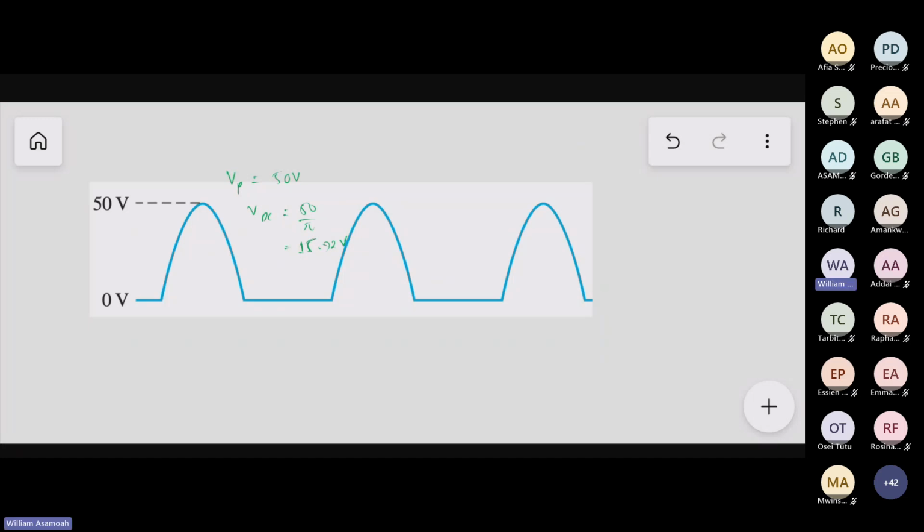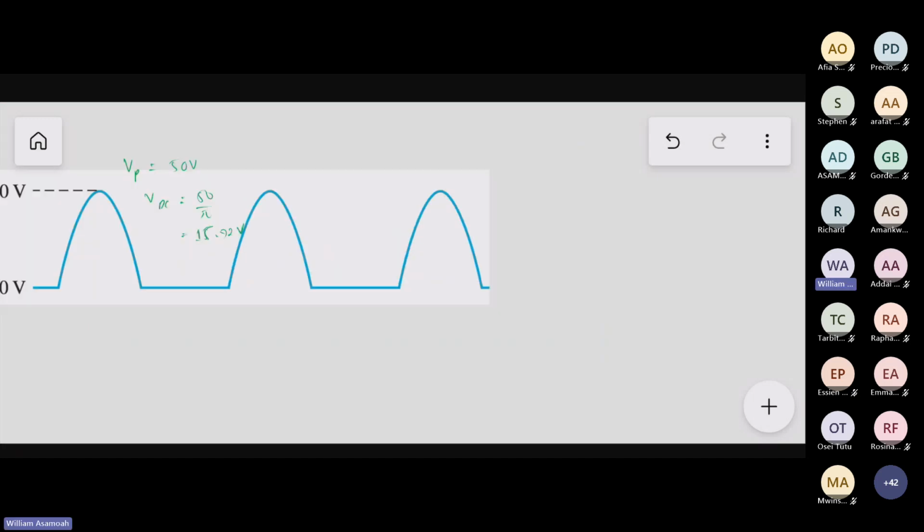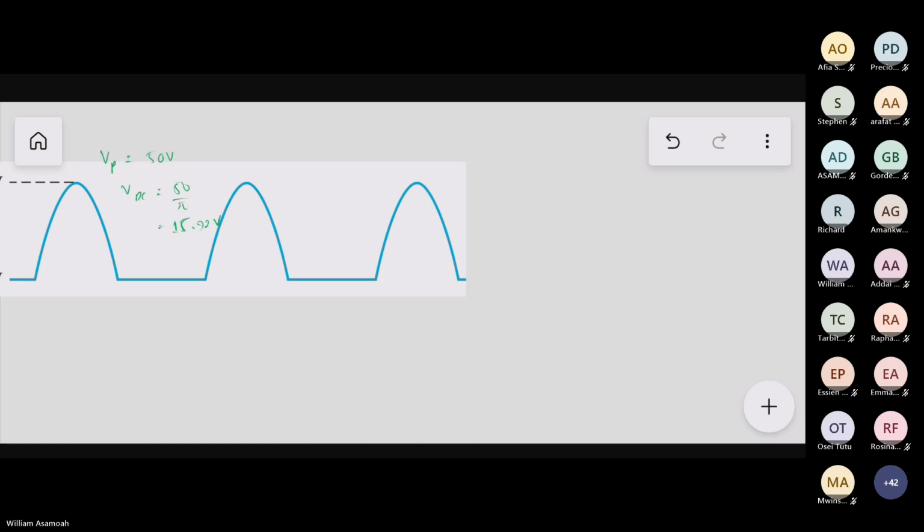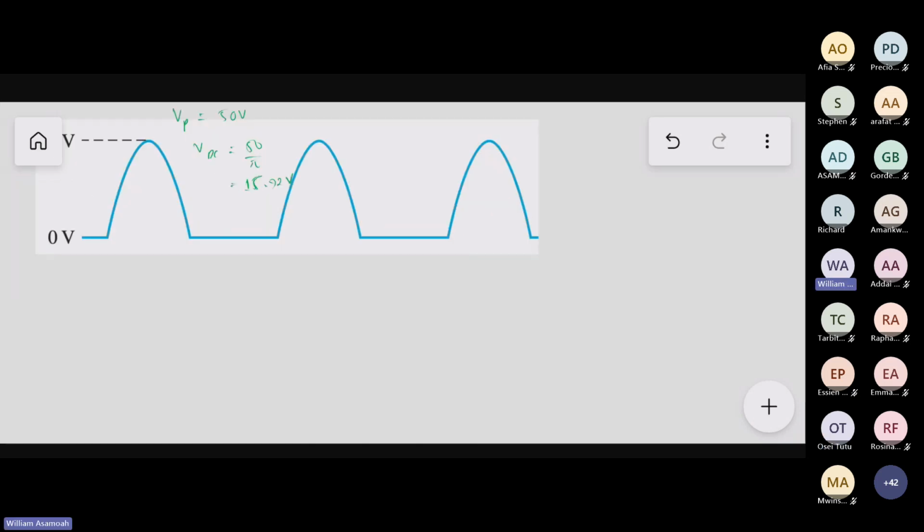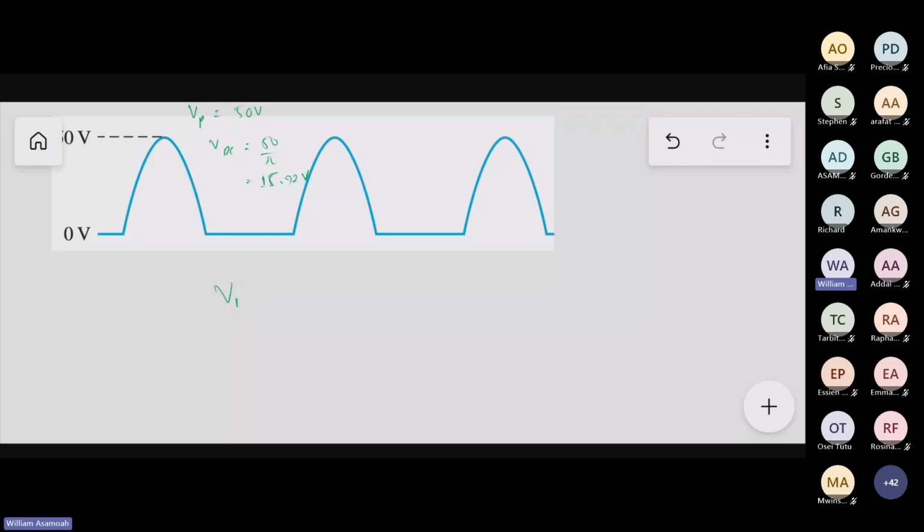That means that on the average, if you say VDC is equal to V peak over pi, it means that VDC is 31.8% of V peak.